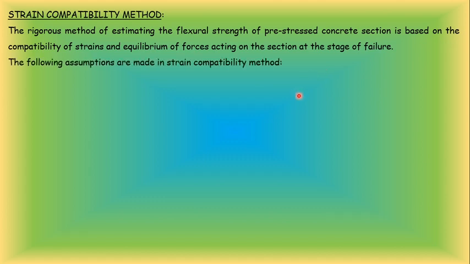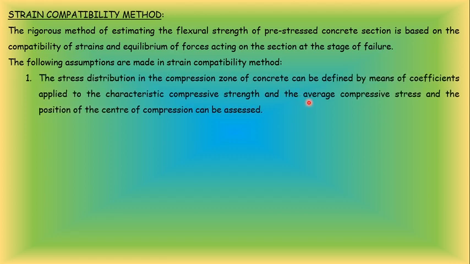The following assumptions are made in the strain compatibility method. First, the stress distribution in the compression zone of concrete can be defined by means of coefficients applied to the characteristic compressive strength, and the average compressive stress at the position of the center of compression can be assessed.